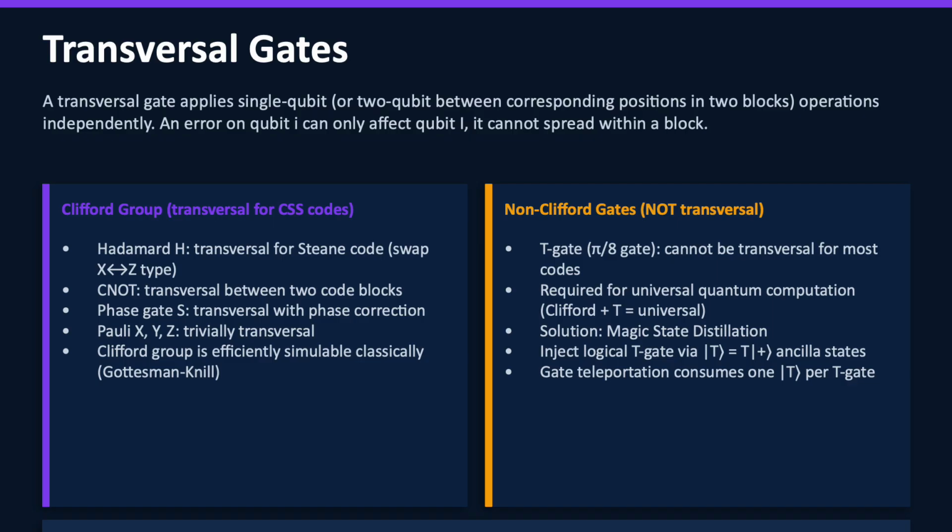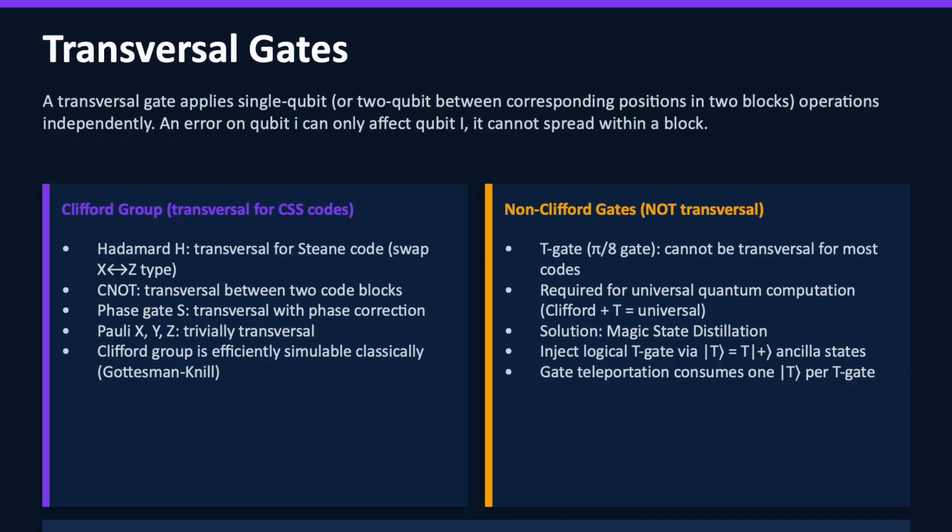A transversal gate is one where each physical qubit in one logical block is operated on only together with its counterpart in another block, with no interactions mixing different positions within a block. This structure guarantees that an error on qubit number 3, say, can only affect qubit number 3 in the output. It cannot propagate to qubit number 7 or qubit number 12.